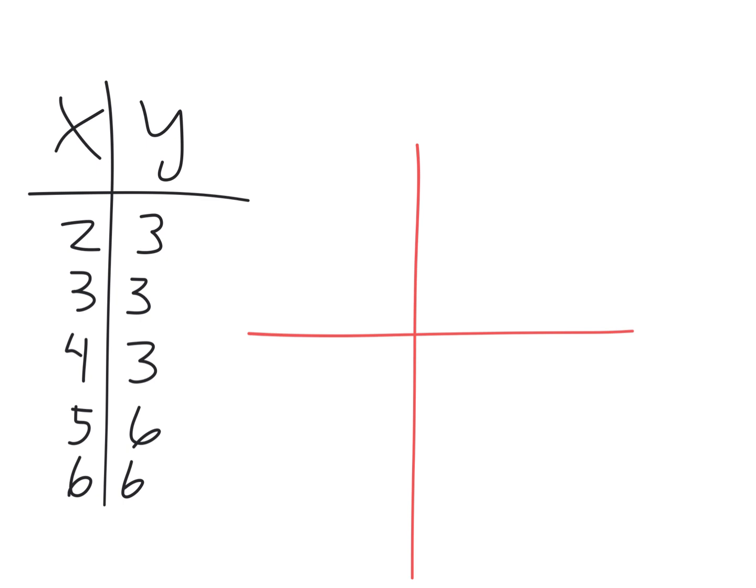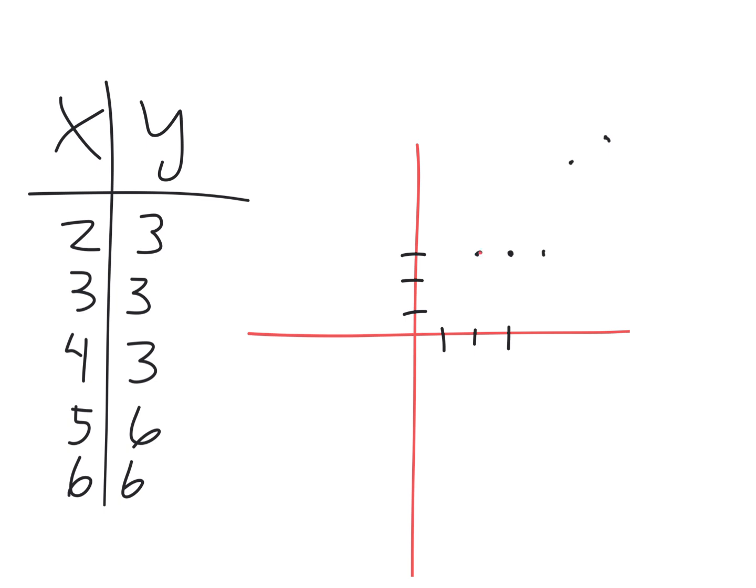We'll see. Over 2, up 3. Put a dot. Over 3, up 3. Over 4, up 3. Over 5, up 6. Over 6, up 6. Those are my points.